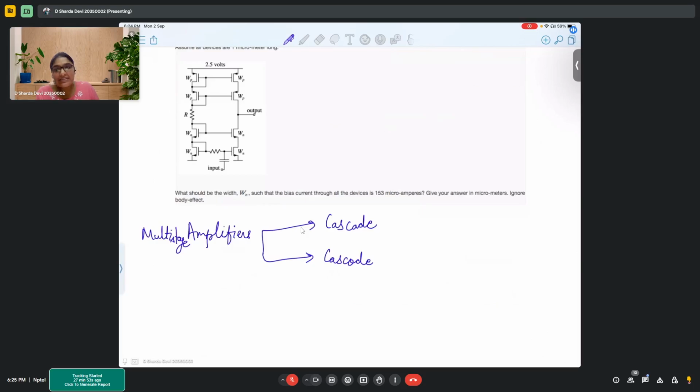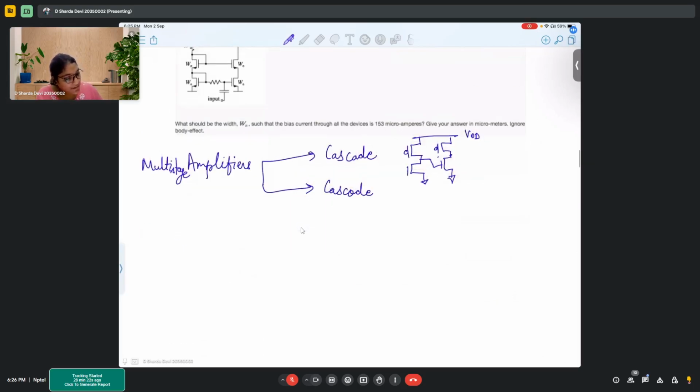So when I say cascade, what I mean is, let's say this is PMOS, this is NMOS. The output of this is given to the next stage. This is my cascade VDD. So this is a cascade amplifier.